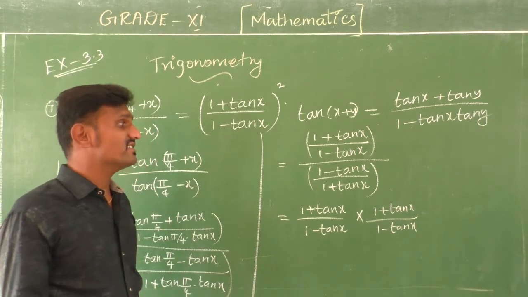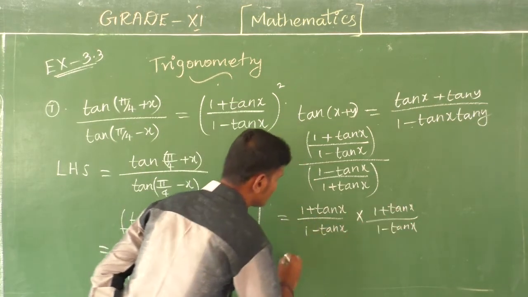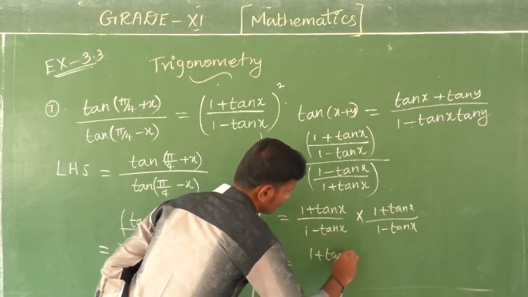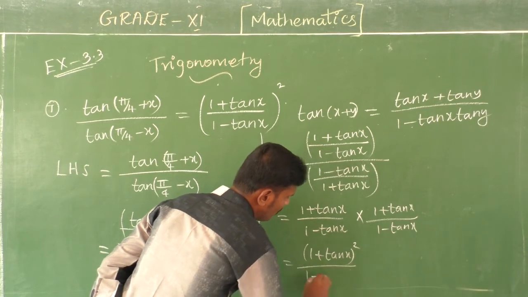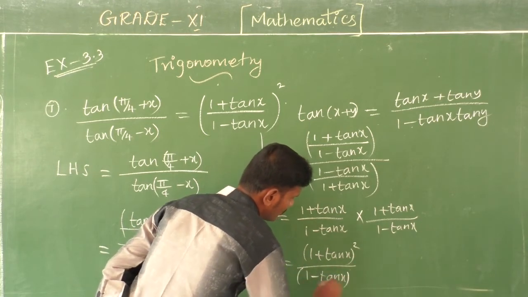So (1 + tan x) into (1 + tan x) gives (1 + tan x) the whole square, and the denominator is also (1 − tan x) the whole square.